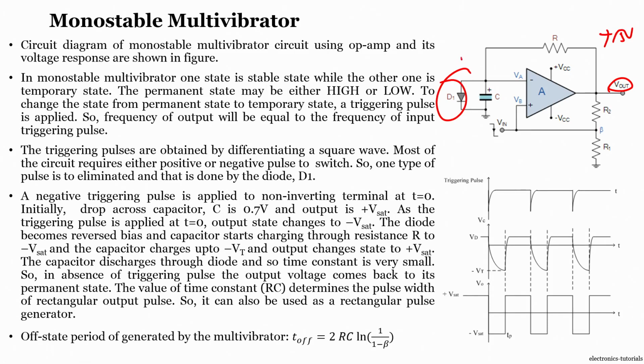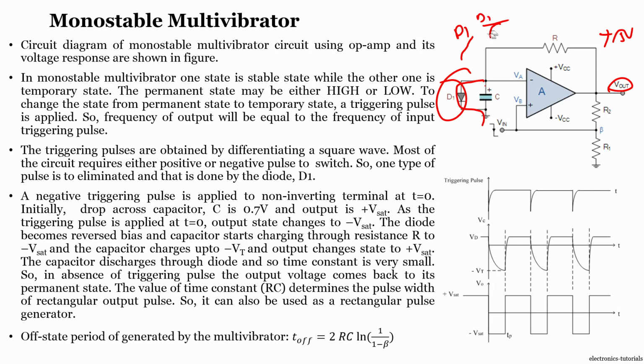Whenever the capacitor initially starts charging, once the value is equal to the cutoff value of D1, generally 0.7 volts, the diode will switch on, then the complete voltage will be connected to the ground. So that means the capacitor will charge only till the cutoff value of D1, right.